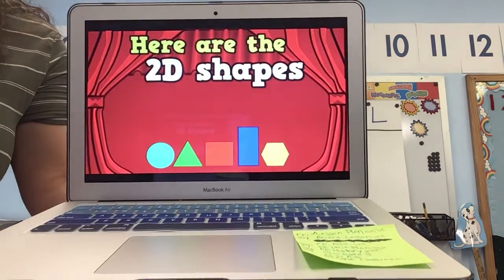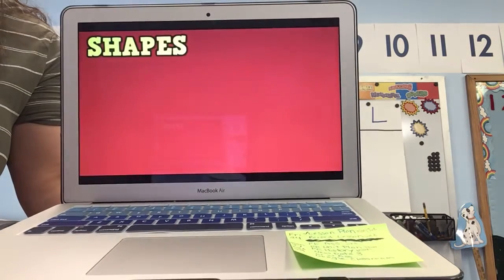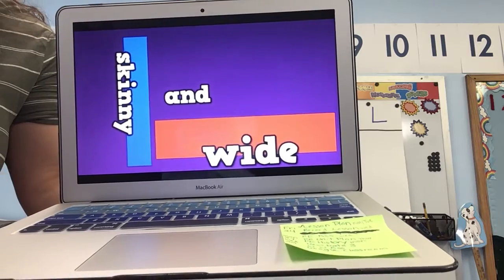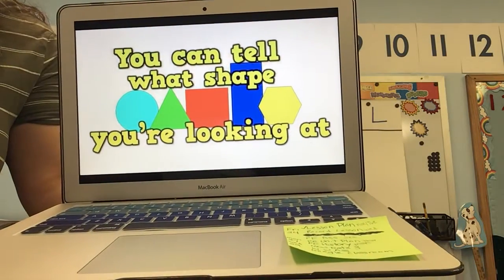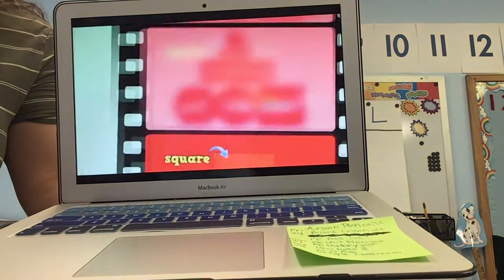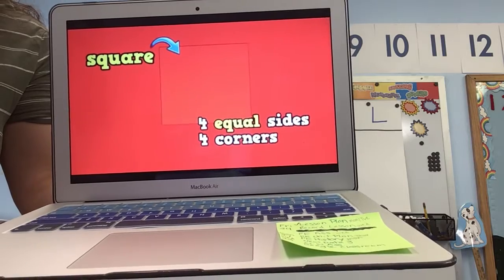Here are the 2D shapes that I know. Shapes, tall and short, skinny and wide. You can tell what shape you're looking at by counting all the sides. A square has 4 equal sides and 4 corners.